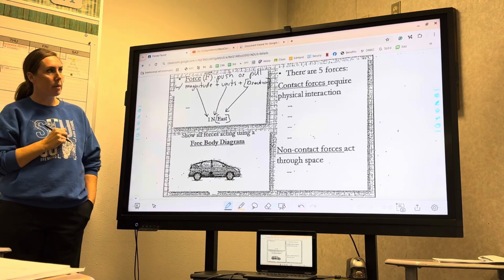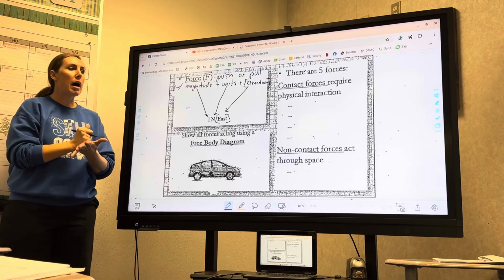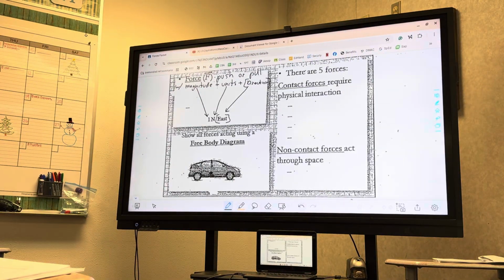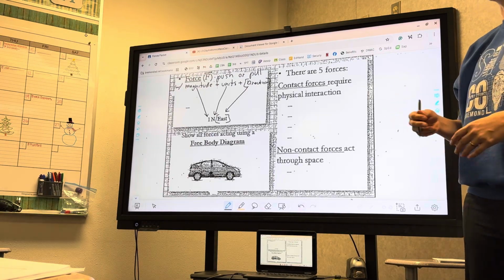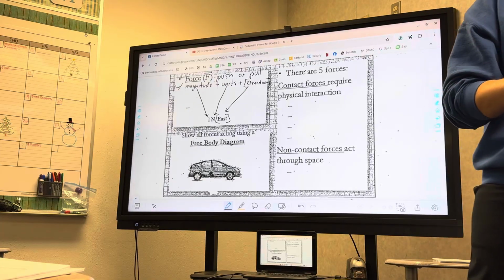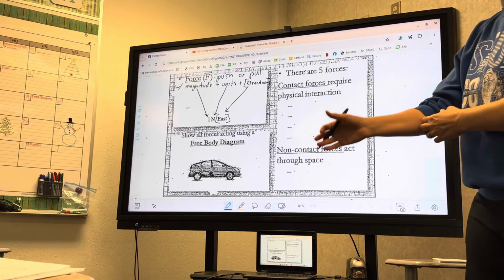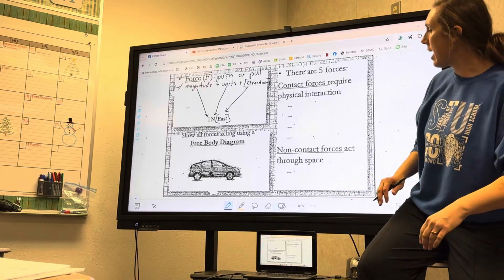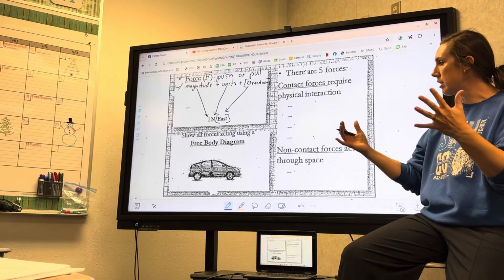We know this, okay? Now let's talk about the 5 most common forces. These are the only forces we're gonna deal with all week. I know that raft example gave you the buoyant force, the force of the wind, force of the current. We're just gonna talk about the 5 most common forces. Okay, the non-contact force that's acting through space, always on everything, is gravity.